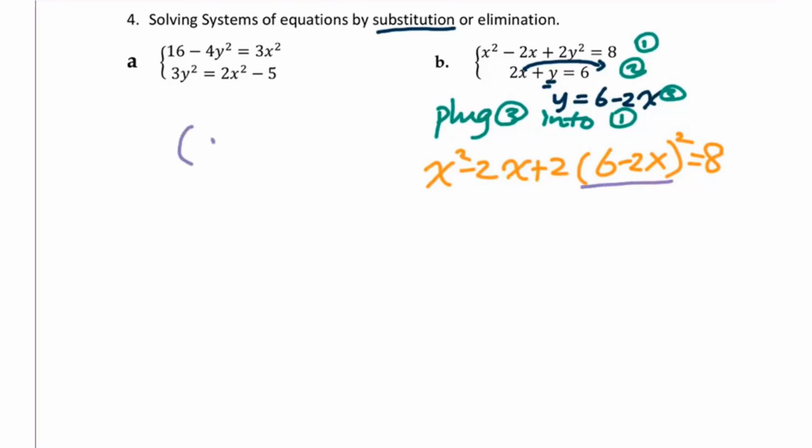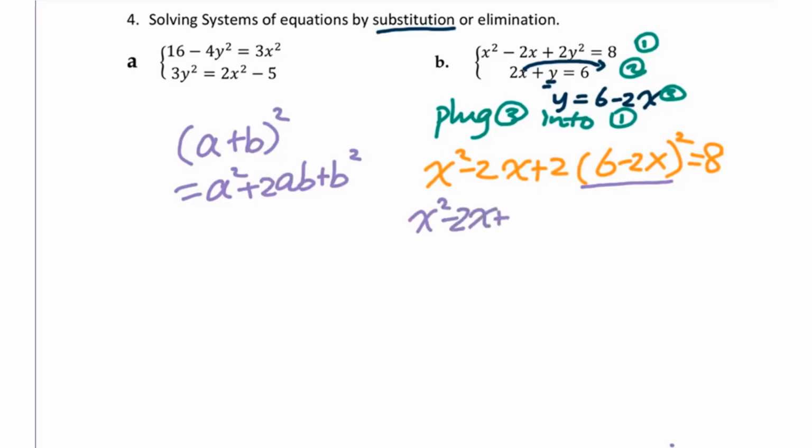This one, you have to use (a plus b) squared equals a squared plus 2ab plus b squared. So you will get x squared minus 2x plus 2 times 6 squared, that's 36. This 2 multiplied times 2, that's minus 24x.